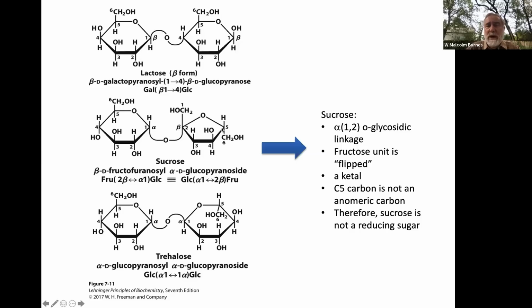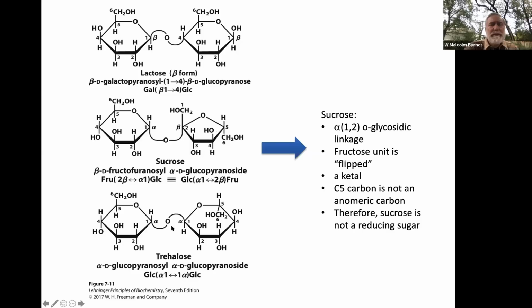So now this carbon over here, carbon 5, is not an anomeric carbon. The ring can open up, and so you cannot. This will not reduce Fehling's reagent. It's not a reducing sugar. Notice that this second ring, the fructose, is flipped, right? So you flipped over the ring, and then the bond was formed here.